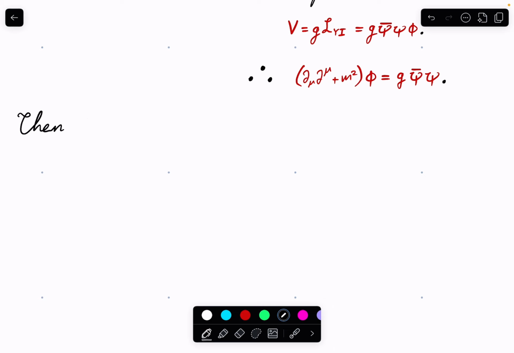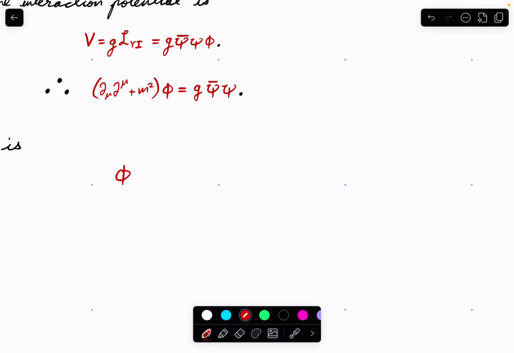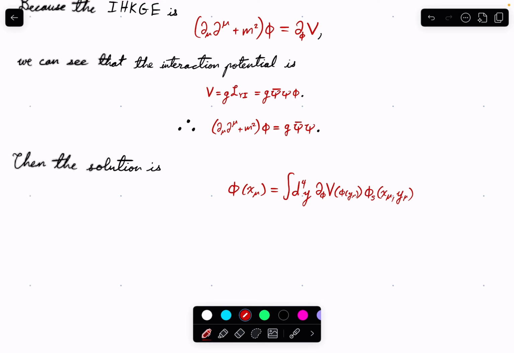The solution is phi of x mu is the integral over y of this interaction, which is dependent on the field, which is dependent on y, and then times the special solution, like this.